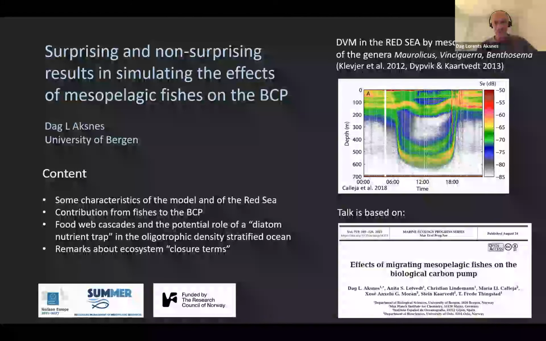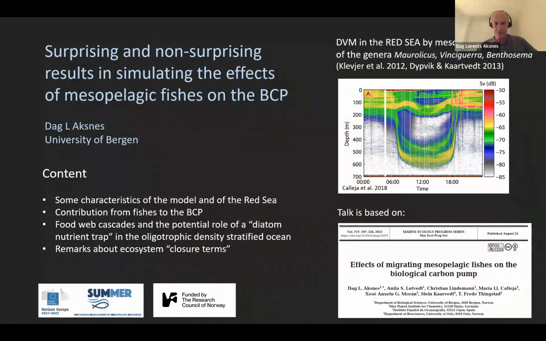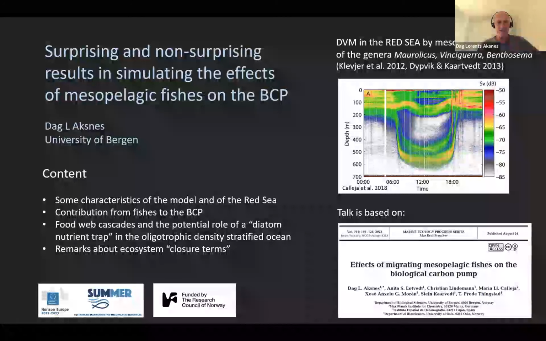So first I will give some of the characteristics of the model we use, and also the Red Sea, which is the location for the baseline simulation that we have established. Then some of the results, which give how much fishes contribute to the BCP according to the simulations.